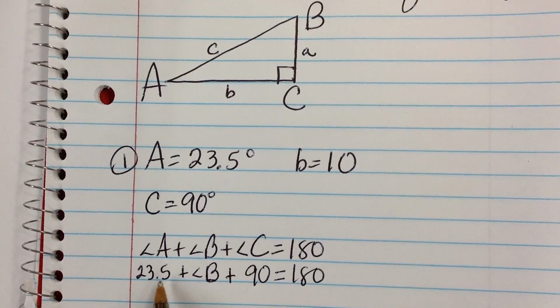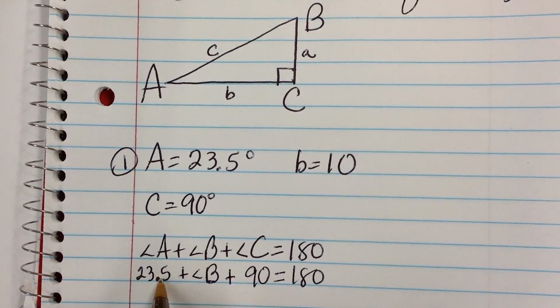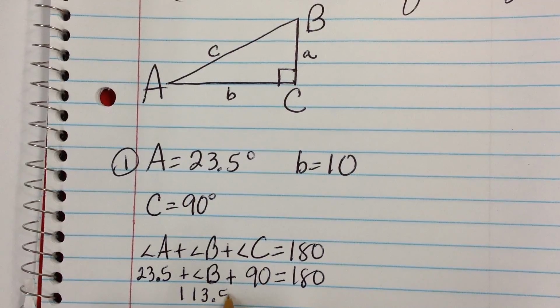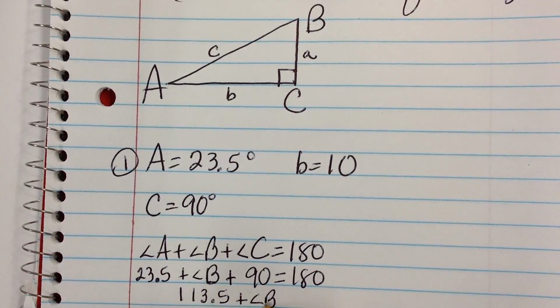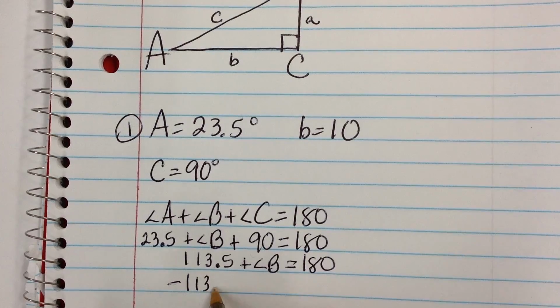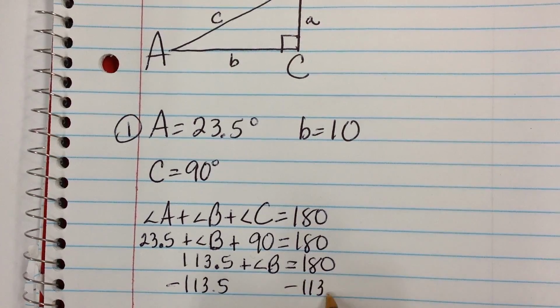So to solve for angle B, add together 23.5 plus 90, which gives you 113.5, plus angle B equals 180. To solve for angle B, subtract 113.5.